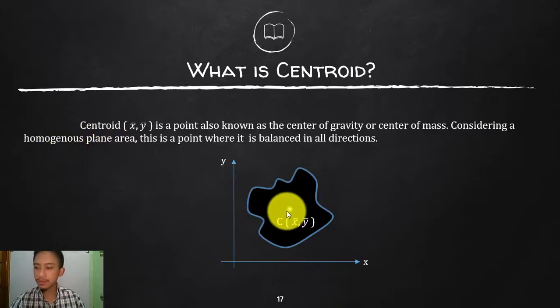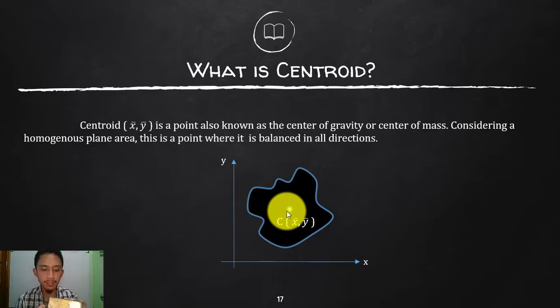If we say homogeneous, as I said a while ago, for example, this eraser, if you are considering a solid, for the centroid to be where everything is balanced in every direction, the material you are considering should be homogeneous.